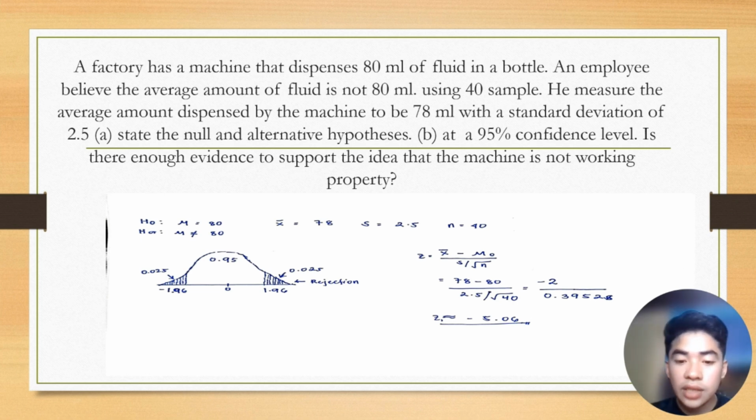So this is our formula: t is equal to x-bar minus mu-naught over s over square root of n. So 78 minus 80 is equal to negative 2, and 2.5 over square root of 40 is 0.39528. So our final answer is t is equal to negative 5.06.